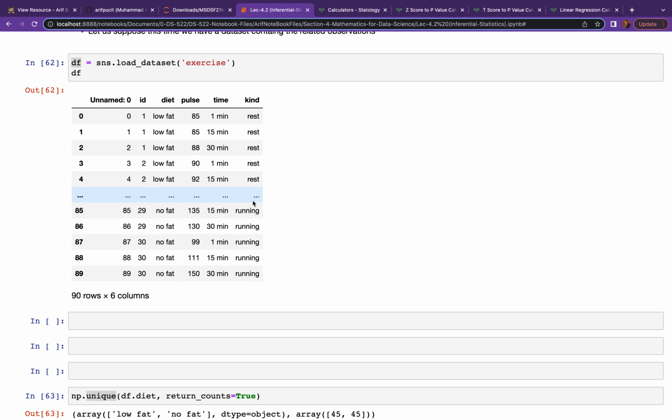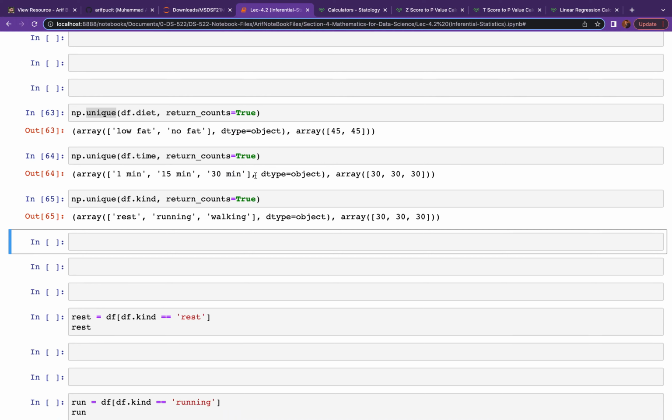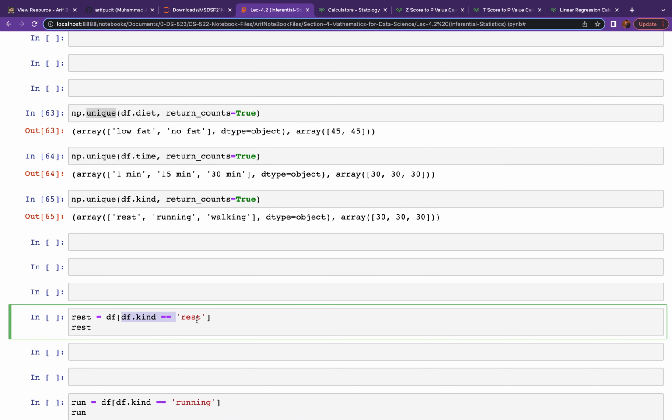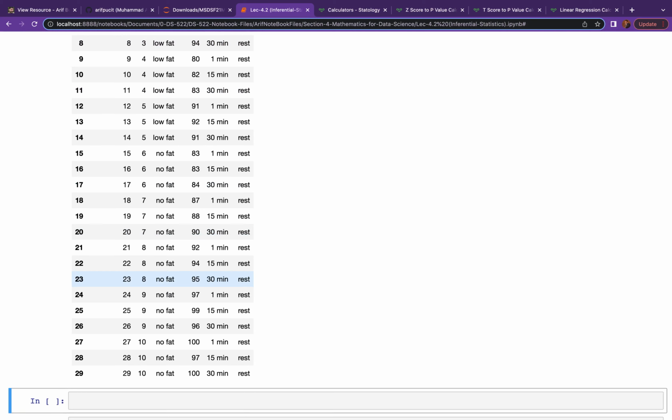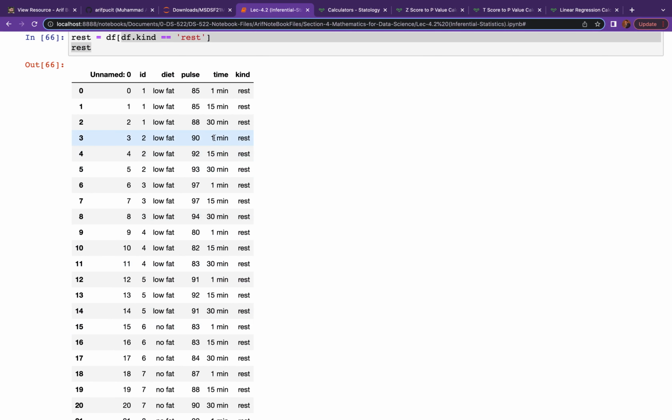Let's check out the pulse rates that were recorded after 1, 15, and 30 minutes of rest. For that, I have used this df.kind is rest. Let me execute this code. Now we have these 30 values, the pulse rate after resting 1 minute, 15 minute, and 30 minute.